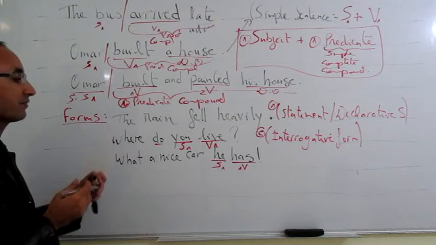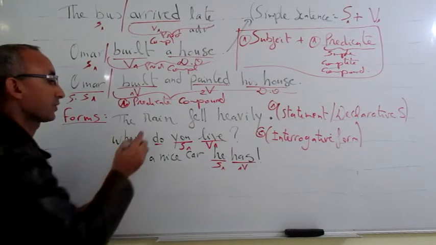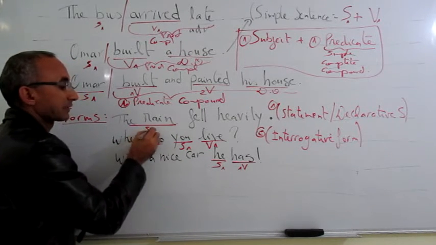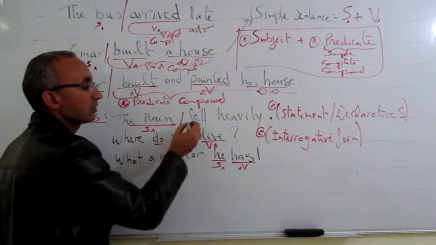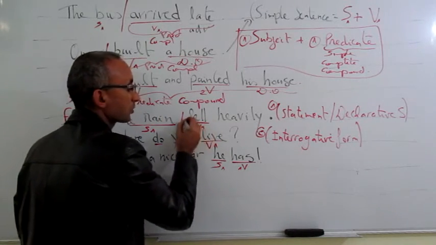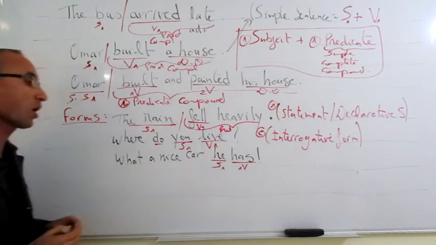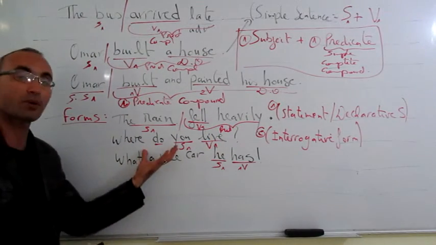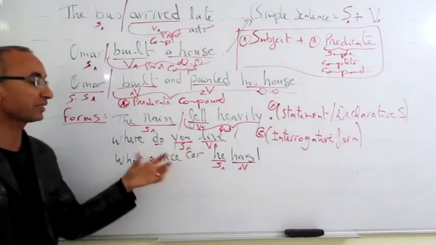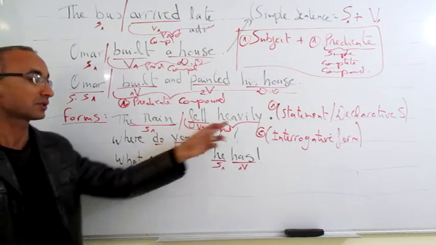Here I have: the rain fell heavily. The rain is my only subject, and fell is my only verb within one single predicate. Clear? So all of them are simple sentences, but they differ in terms of form.